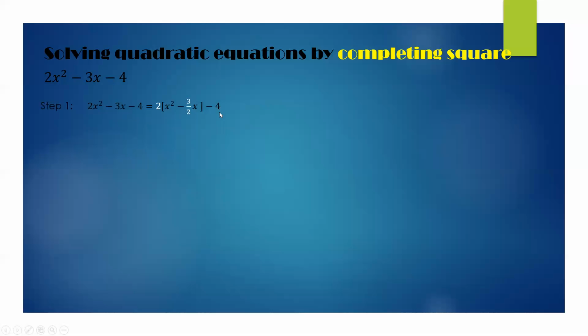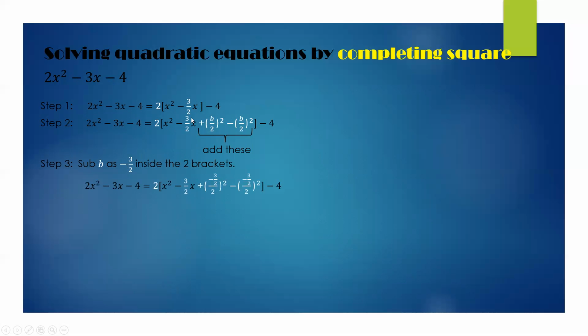All right. Step 2, that's the usual method. We need to add this. You can see I add (b/2) squared and subtract (b/2) squared. One plus, one minus. Always plus first, then minus. All right. Then next step, we sub the b as -3/2 here, because you can see from here the b now is -3/2.